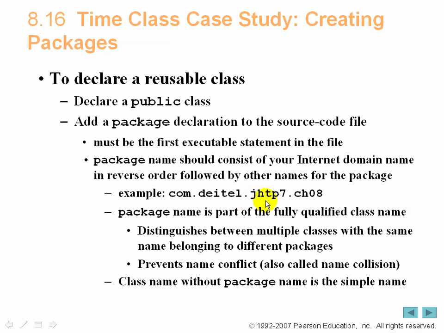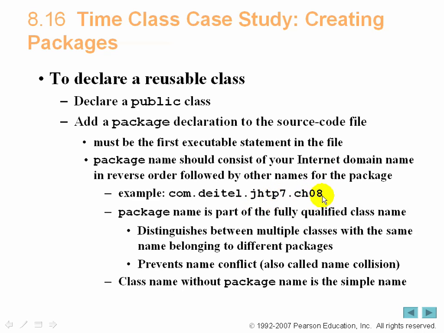For us, we always use an encoding of which edition of Java How to Program we're dealing with. So this is the 7th edition of Java How to Program, so we said JHTP7 for Java How to Program 7th edition. If you were to go back and look at the prior 6 editions, you'll see in each case that we used a different encoding for this third name.